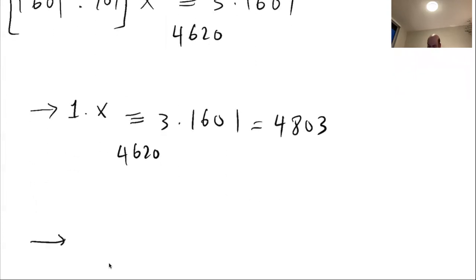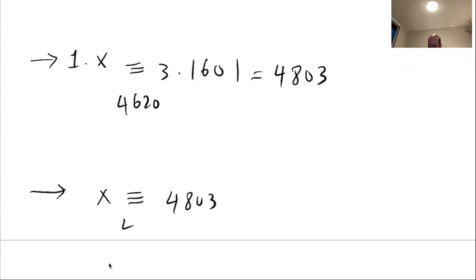So that means X is congruent 4803 mod 4620. But what is 4803 mod 4620? It means we need to find the remainder, right? So 4803 minus 4620 will be 183.